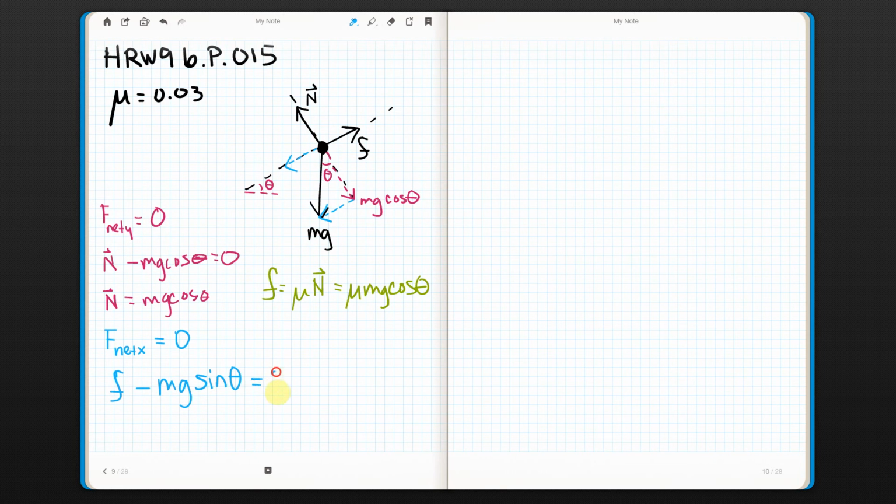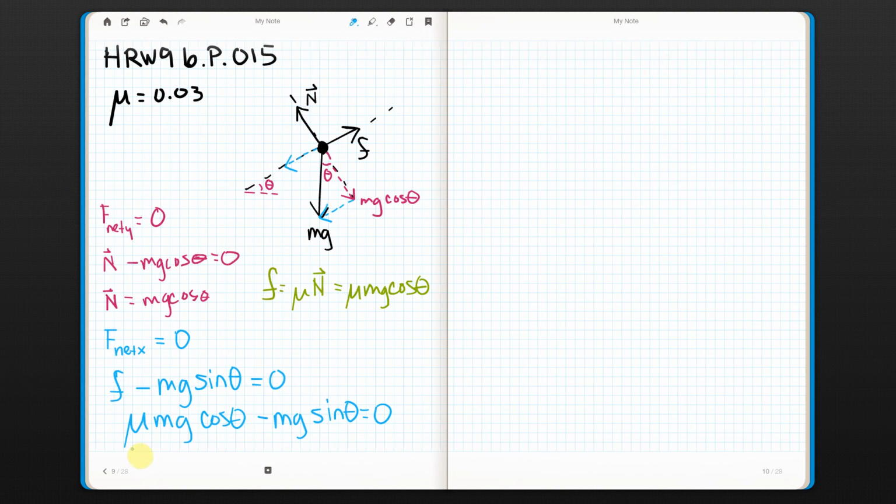Okay, equals 0. I'm going to put in friction equals this stuff. So I get mu mg cosine theta minus mg sine theta equals 0. Okay.